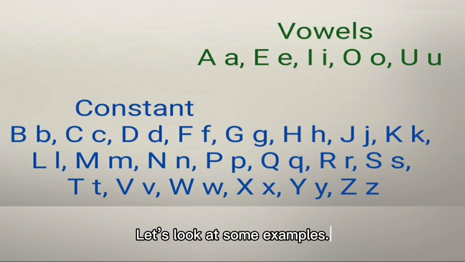Let's look at some examples. A is for apple. E is for elephant. I is for ice cream. O is for orange. U is for umbrella. Beautiful.